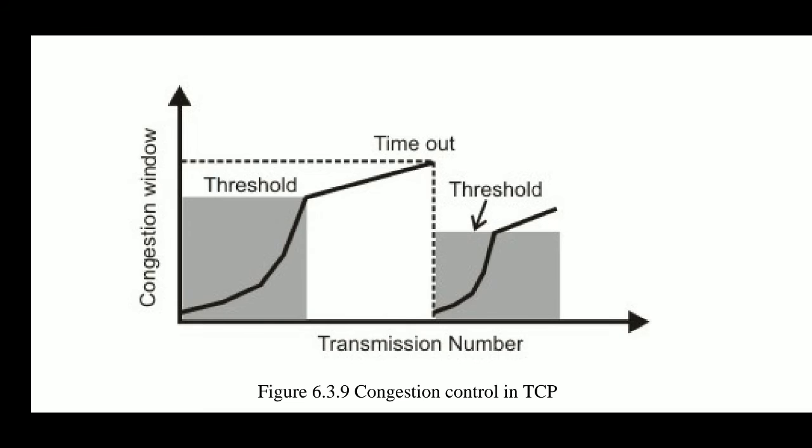Although the rate of increase is exponential as shown in the figure, after reaching the threshold, the window size is increased by one segment for each acknowledgement. This continues till there is no timeout. When a timeout occurs, the threshold is set to one half of the last congestion window size. So this is all about the congestion avoidance in the TCP.